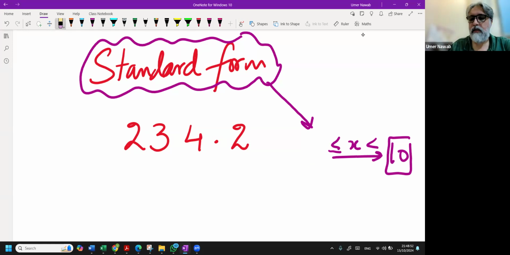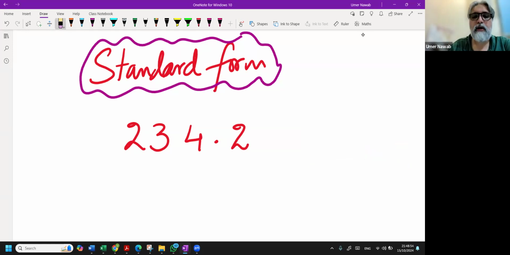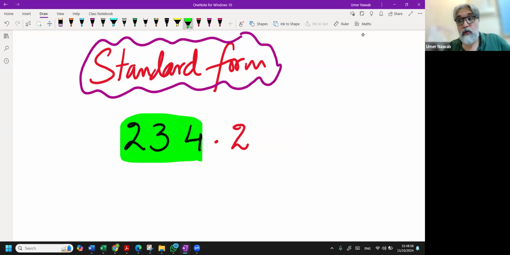At the moment, if you look at this number, it is 234. And this 234 is bigger than 10. I have to downsize this number by forcefully pushing the decimal to move from right to the left.